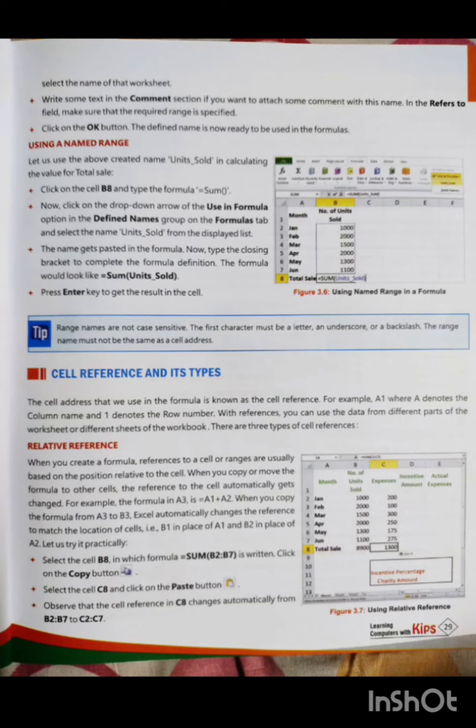Suppose we have defined cells B2 to B7 in the named range, and we are using that named range in the formula. Then the addition of all the values for that named range will be displayed as the result on pressing the Enter key.